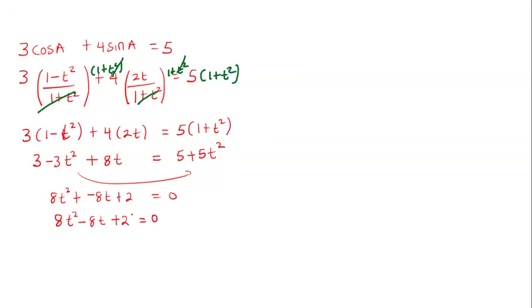Now when it comes here, use any approach you want. Either you can use the formula, you can use completing squares. But one thing I want you to do is that when you are using the formula, avoid using x all the time. In case you are writing it in terms of t, define it in terms of t.